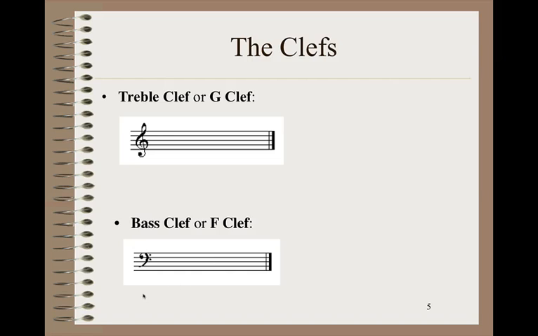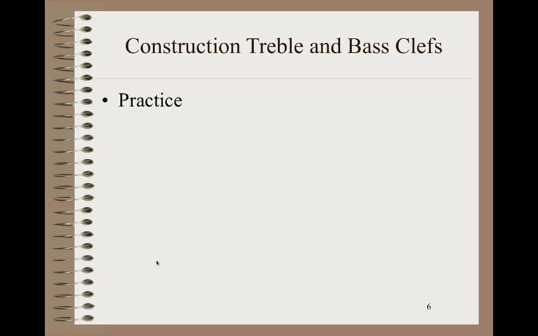Notice on the bass clef that the bass clef starts on this line here, second to the top, kind of goes on a side little twirl there, and then has 2 dots next to it as well. So take a couple of minutes now and just practice some treble clefs and some bass clefs to get used to writing those on your staff paper.